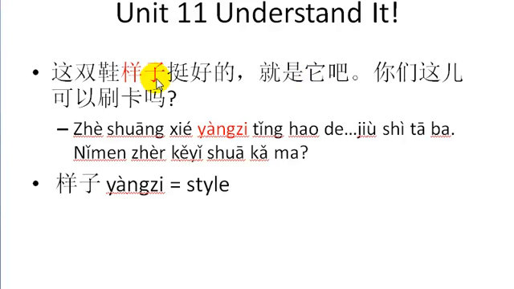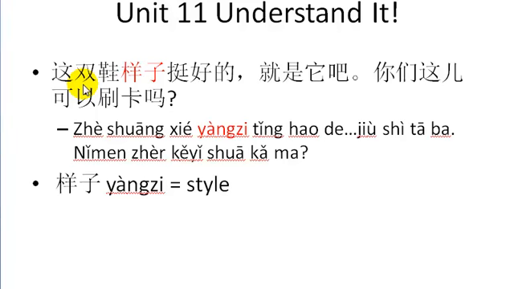The first being 样子，这双鞋样子挺好的. Okay, so what's this 样子? Okay, 样子 means style. Okay, so 这双 this shoe style 挺好的. Okay, 这双 this pair of shoe style 挺好的.